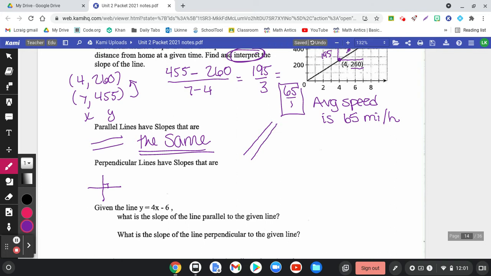Perpendicular lines have slopes that are called negative reciprocals. And what that means is if one slope is, say, 5 halves, then it would be perpendicular to a line that has a negative 2 over 5. You flip and change the sign.